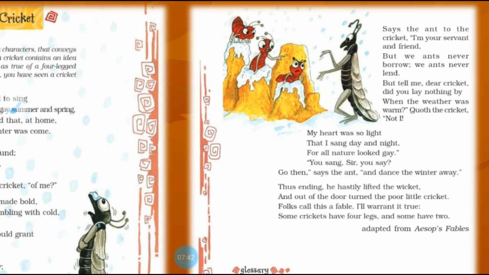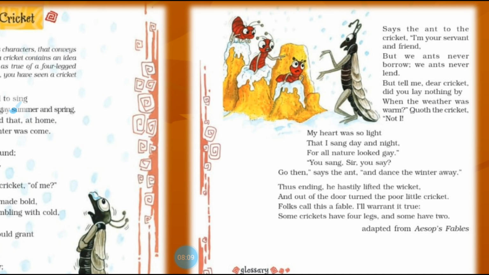Some crickets have 4 legs and some have 2. These are the real teachings given to us, the readers, by the poet, by Aesop. This poem is actually a sharp criticism on a group of people who spend their money carelessly and do not save for the future.